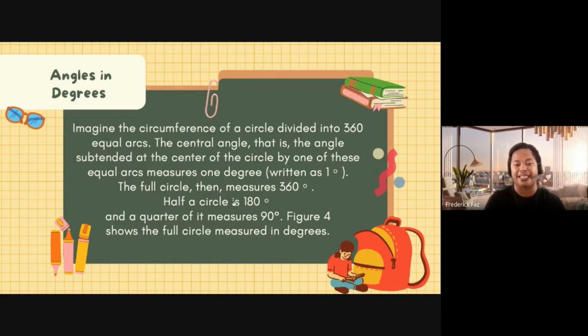The full circle then measures 360 degrees, the semicircle measures 180 degrees, which is half of the full circle, and a quarter of it measures 90 degrees.